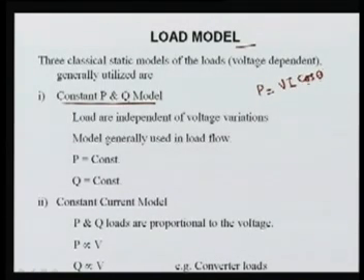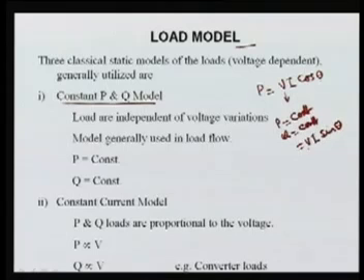Now if your load is independent of voltage variation as well as current, then we can say your P is constant, and similarly your Q will also be constant because Q is nothing but VI sin theta. So V is constant, I is constant, meaning your load is independent of voltage and current.